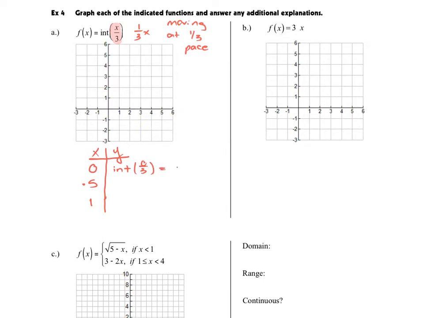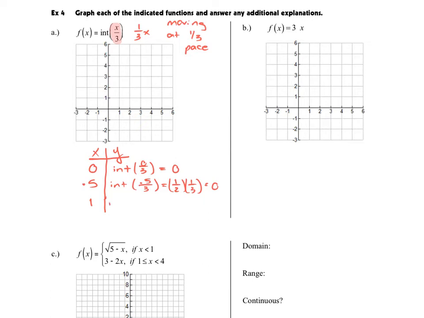That, of course, is just going to be 0. Now, when I do the greatest integer of 0.5/3, I can think of that as 1/2 times 1/3.